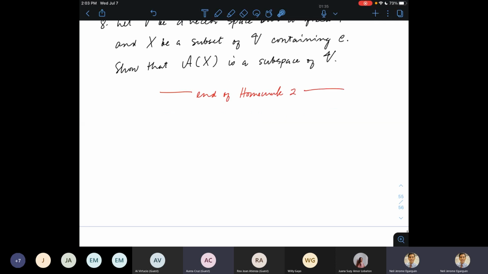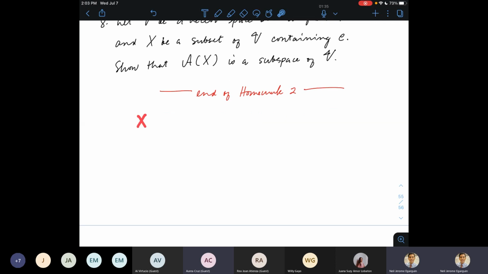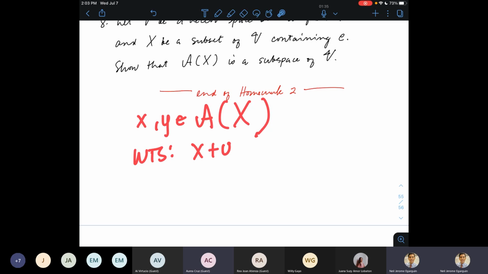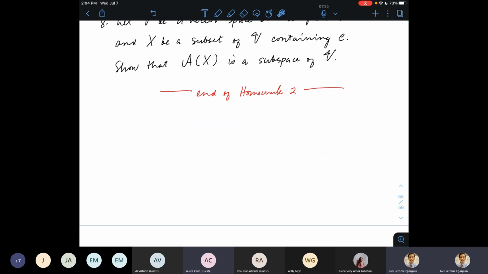So you let X and Y be an element of capital X, right? Tapos gusto ko ipakita na si X plus Y ay nasa affine din. Okay? Si X, dahil nasa affine siya, pwede siyang masulat na ganito.